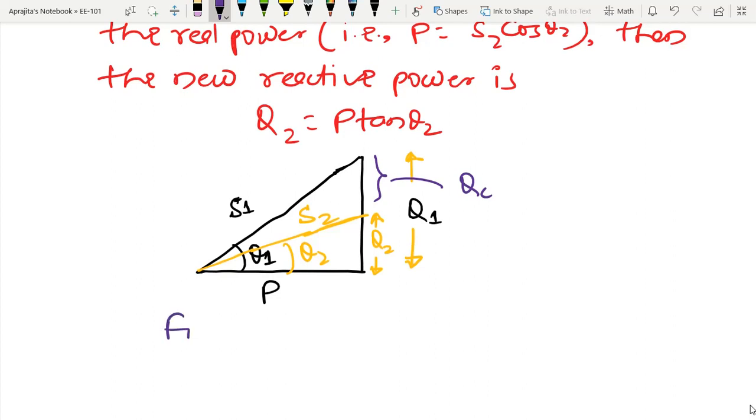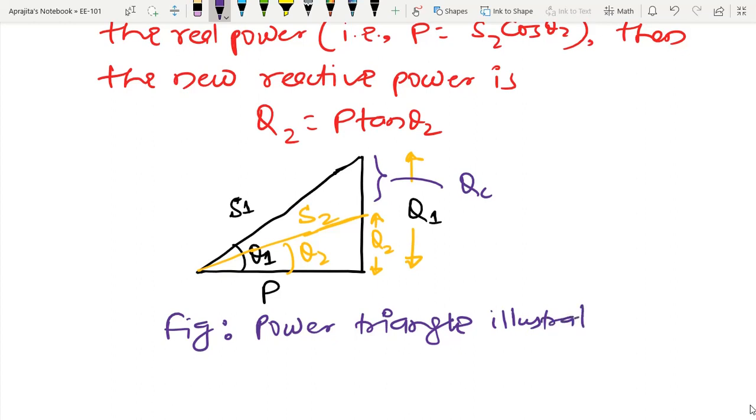So let us try to write the interpretation of this figure, that is, power triangle illustrating power factor correction. Due to that reason, in the previous class I introduced the notion of the power triangle.